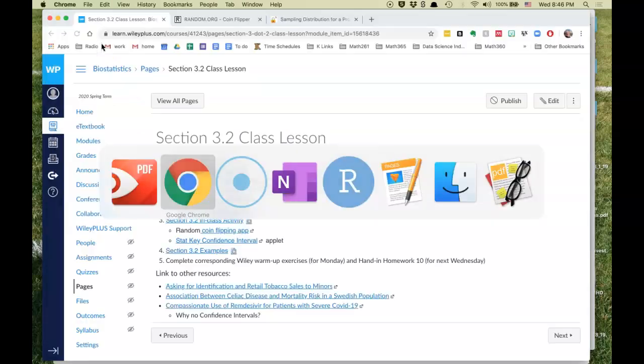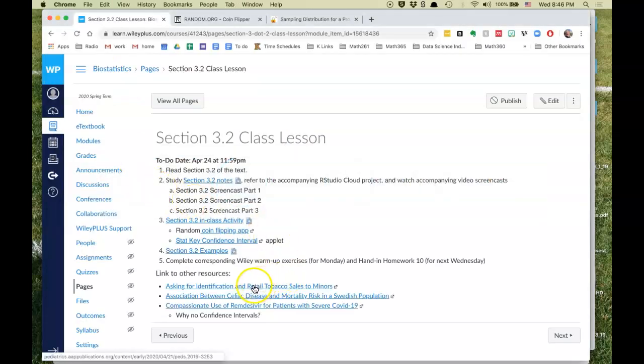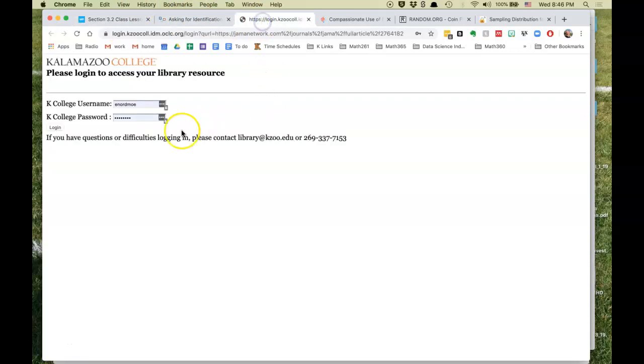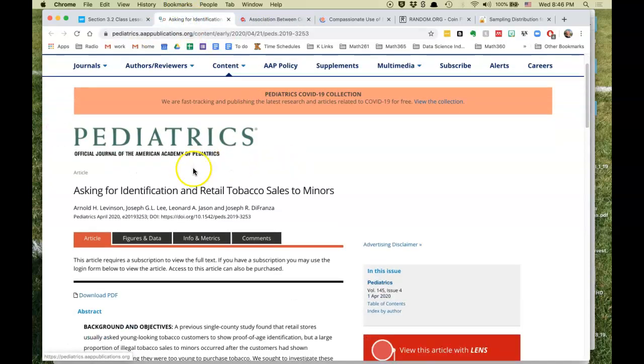I want to go back and click on a few of these links, so hopefully you'll be able to access those. You might have to authenticate for one or more of these. It looks like this one might want me to authenticate. This one was kind of interesting, asking for identification in retail tobacco sales to minors.